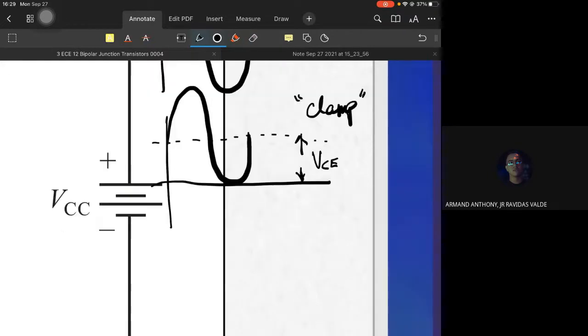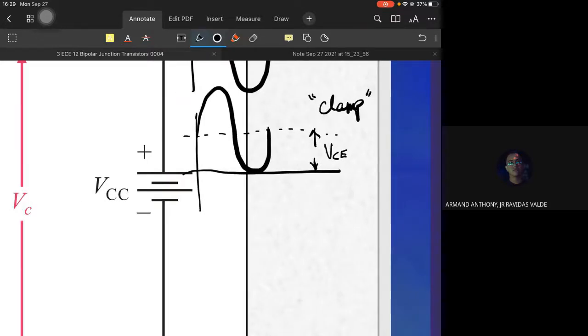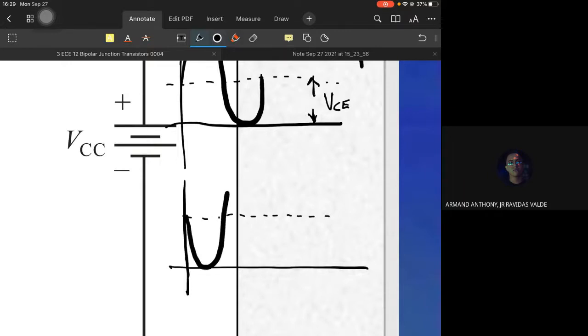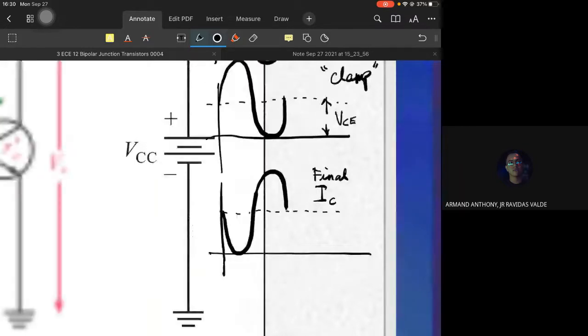And it doesn't only amplify and clamp. The last thing it does to the signal is invert it. So this is now the final output of our IC, conceptually speaking, the total and final output.